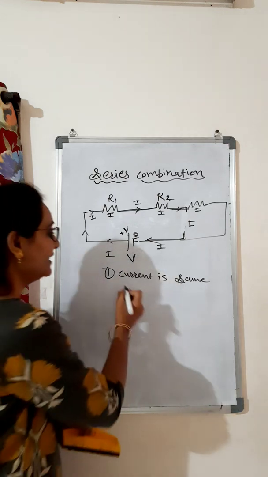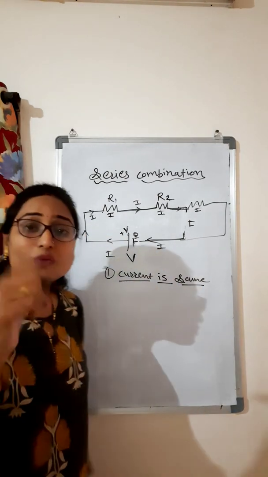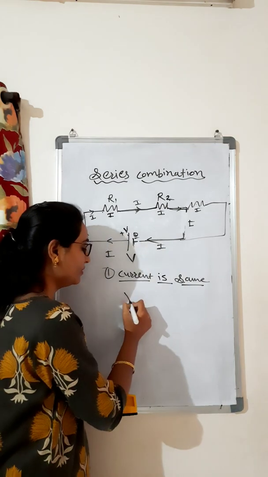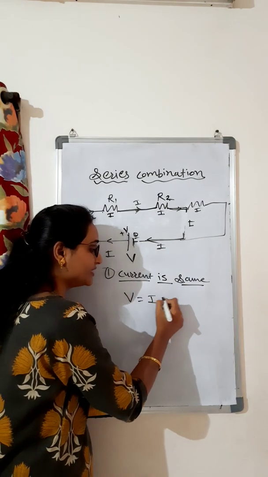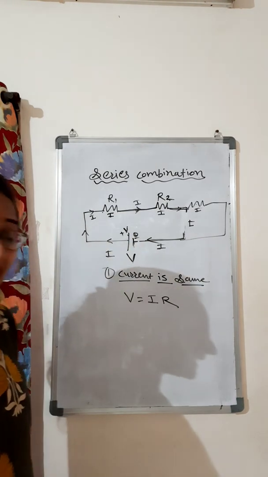Now see the voltage. If the current is the same, according to Ohm's law, V is equal to IR.